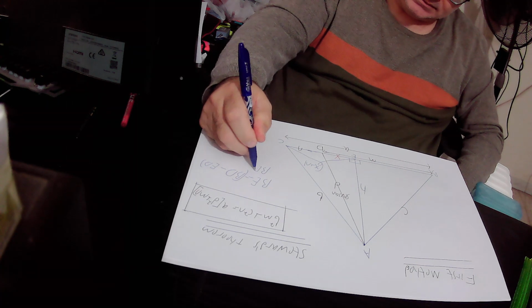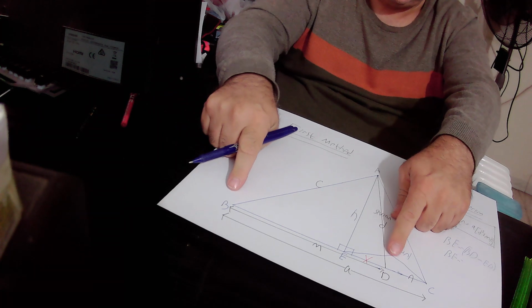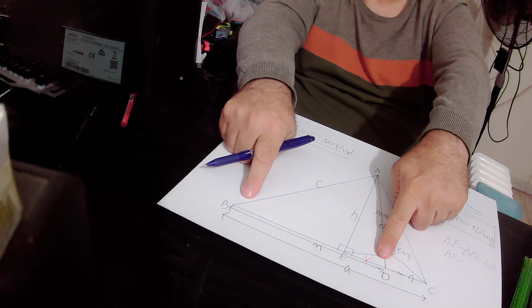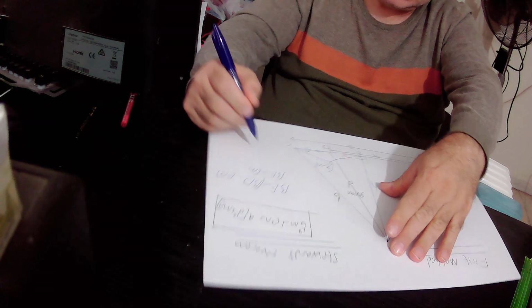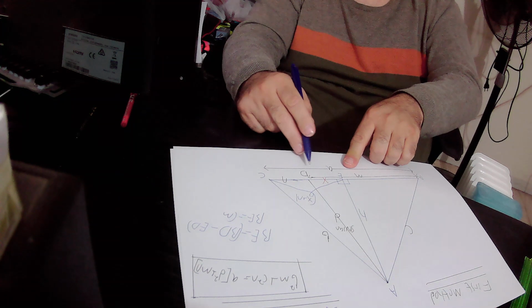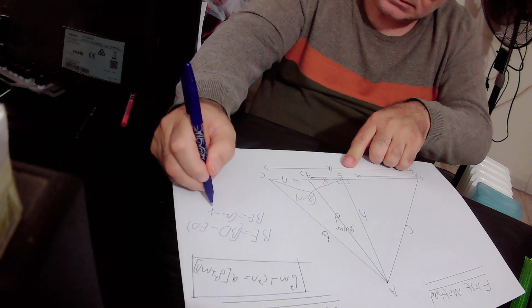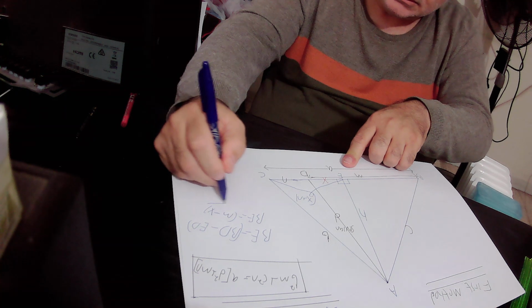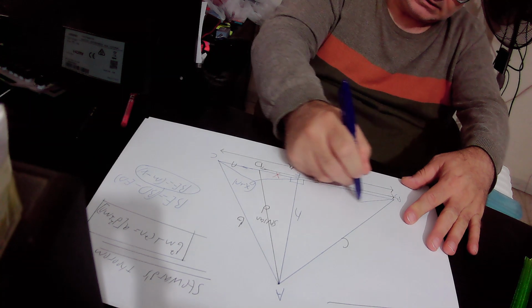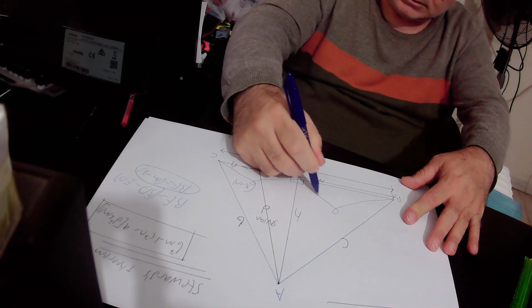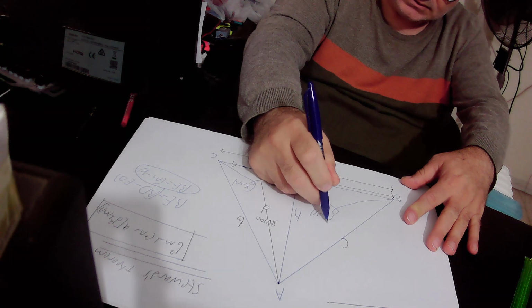BD equals M units in its length, so we substitute BD by M, and ED equals X units in its length, so we substitute ED by X. Therefore, BE equals M minus X units in its length.